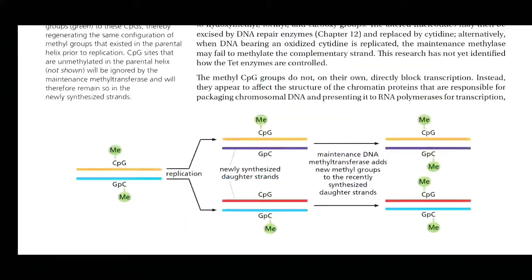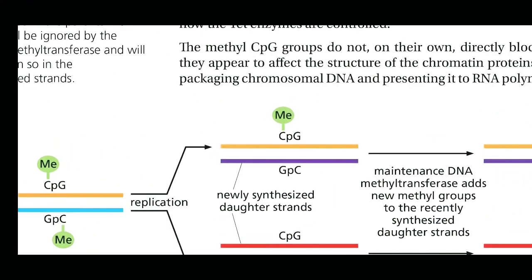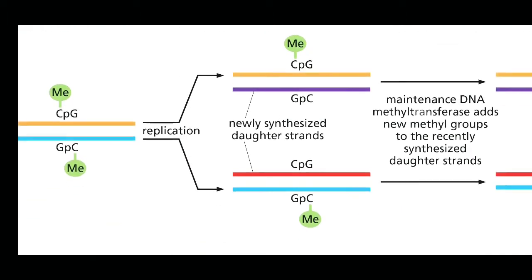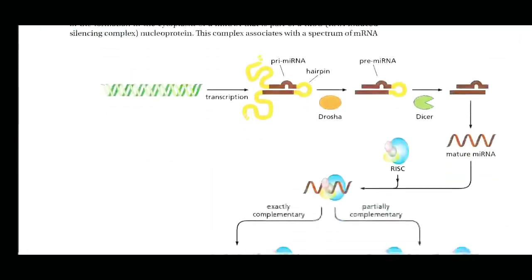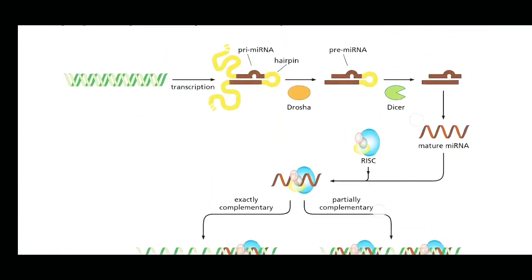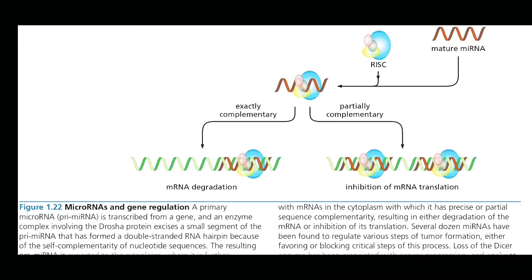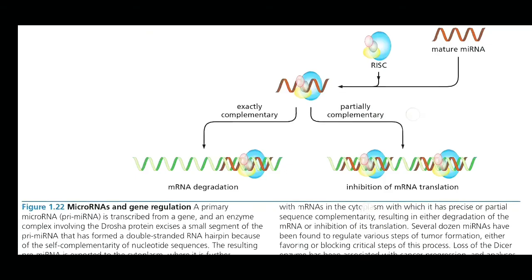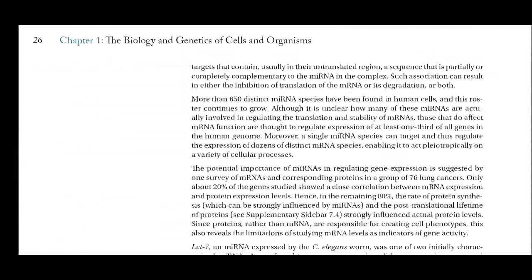Other is CpG, which is methylated. This methylated region doesn't allow transcription, so any kind of mutation will be problematic. Similarly, microRNAs inhibit the expression of mRNA molecules. So any kind of mutation there will also affect it and lead to cancer or tumor. So this is the thing. Thank you very much.